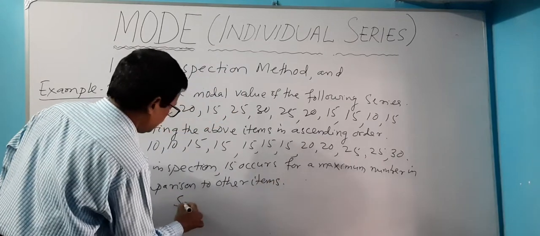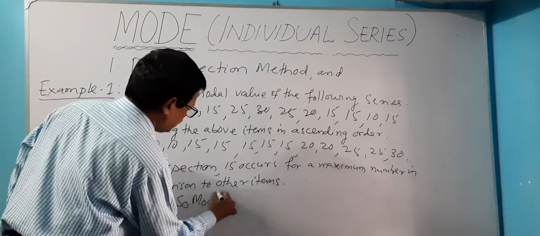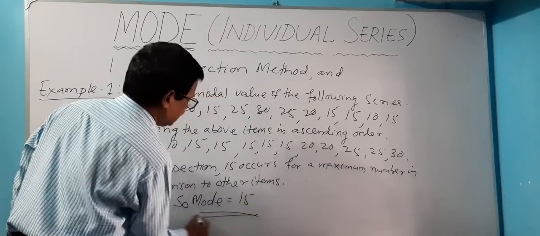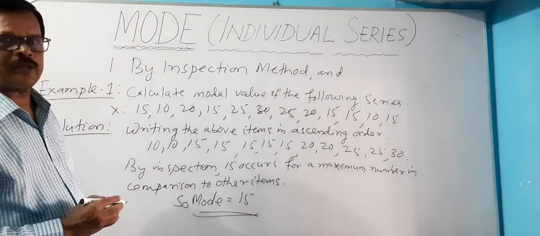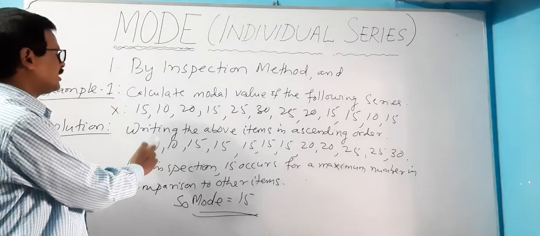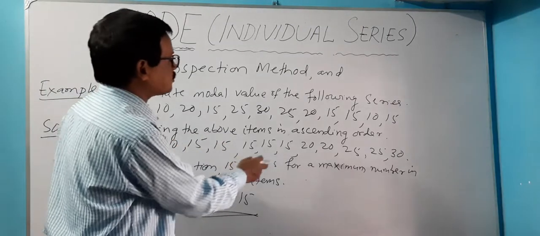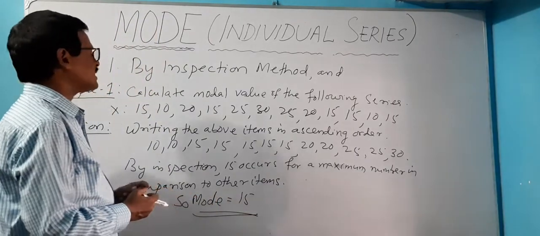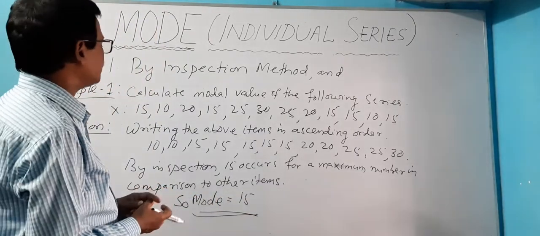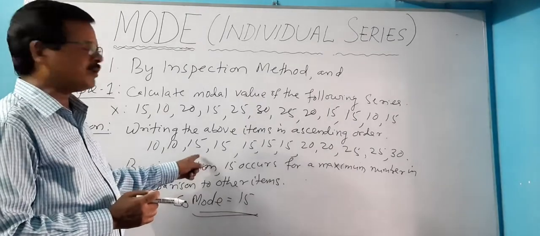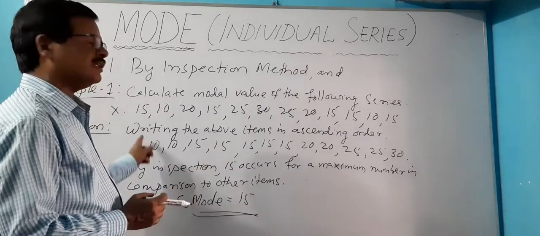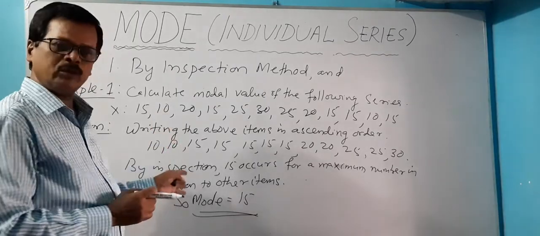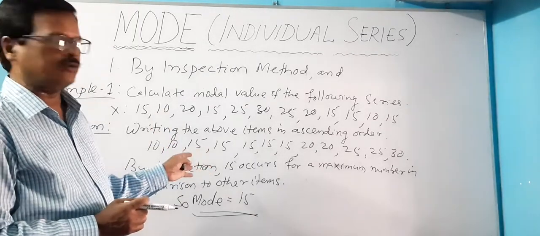So the mode is equal to 15. This is the number with the highest frequency. You mark here: 10 occurs 2 times, 15 occurs 5 times, 20 occurs 2 times, 25 occurs 2 times, and 30 once only. So 15 occurs the maximum number of times, so 15 is the modal value in this case. So by inspection, by observation, we can determine the modal value. Note it.